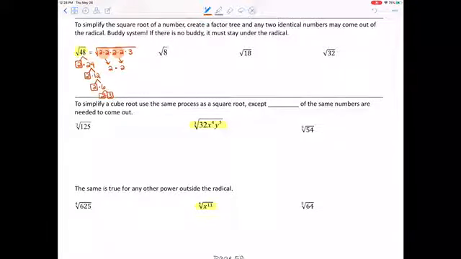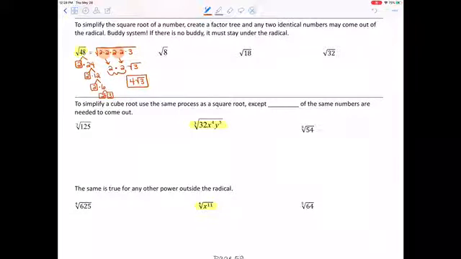And if it doesn't have a buddy, it has to stay inside of the root. Then we can multiply anything together that's in front. So we have a 2 times a 2. That gives us 4 square roots of 3. So this would be the simplified square root for the square root of 48.